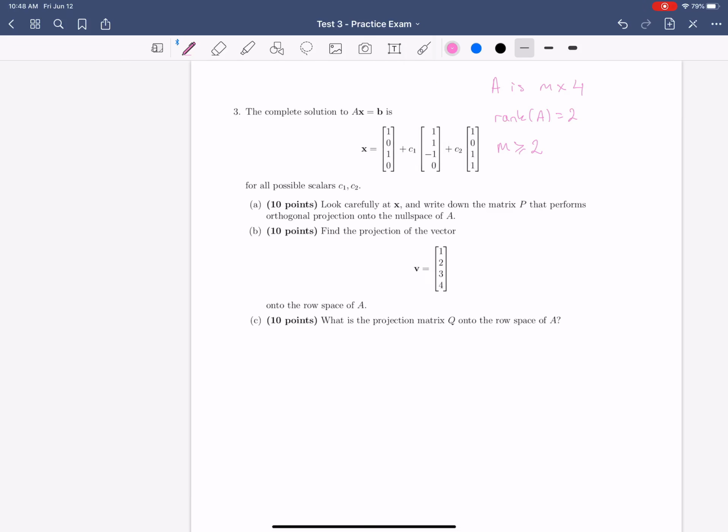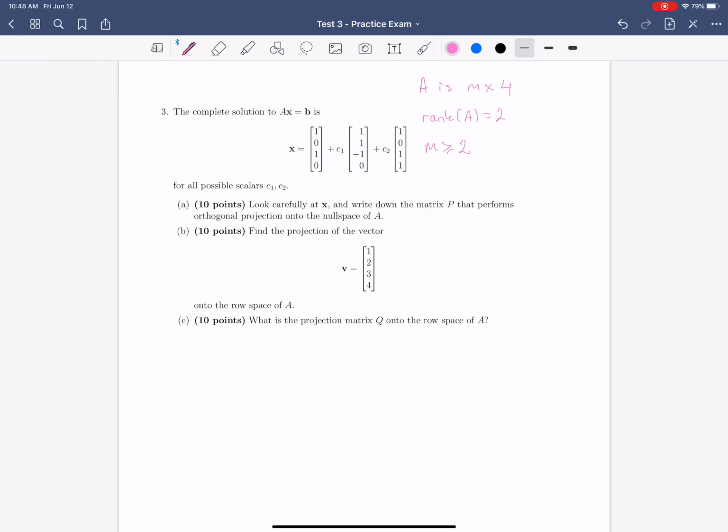Now, these are observations that we're not necessarily going to use, but it's nice to familiarize ourselves with the type of matrix that we're dealing with. So we don't have enough information to figure out M. Now, what does it mean that we don't know M? Remember, A has 4 columns: 1, 2, 3, 4.